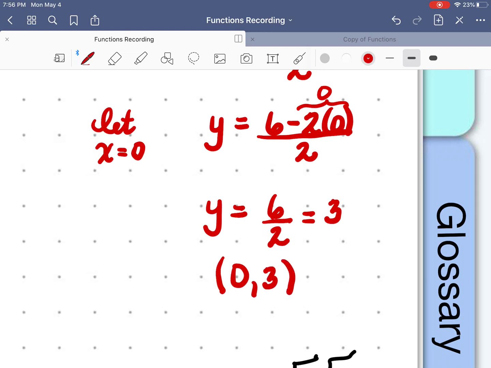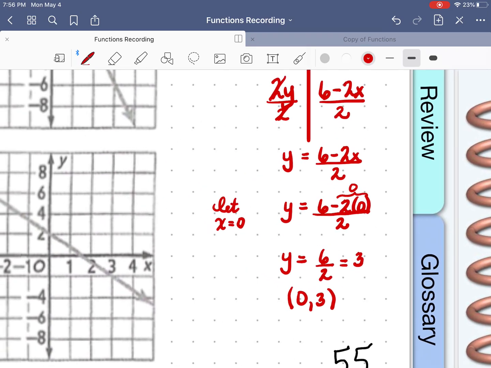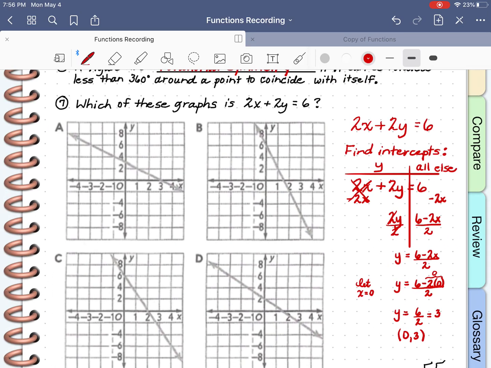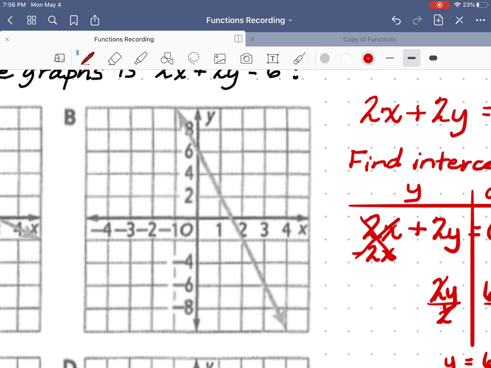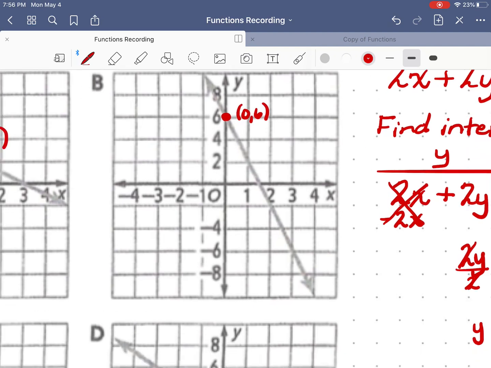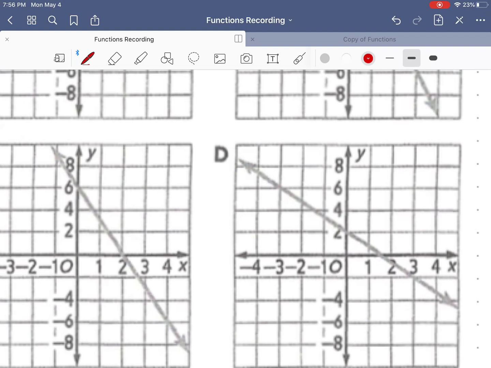Now let's see if one of these graphs fits. There is 0, 3. Here is 0, 6. Here is 0, 6.